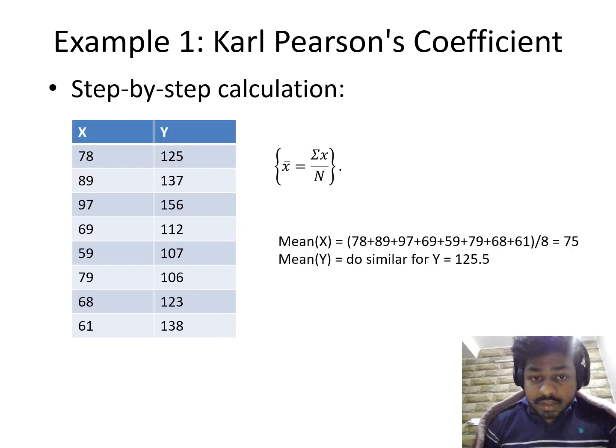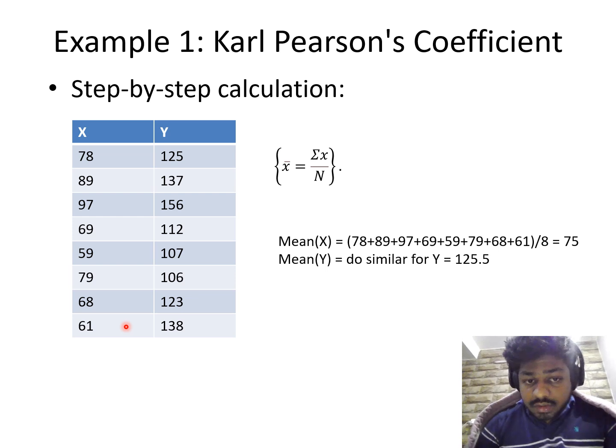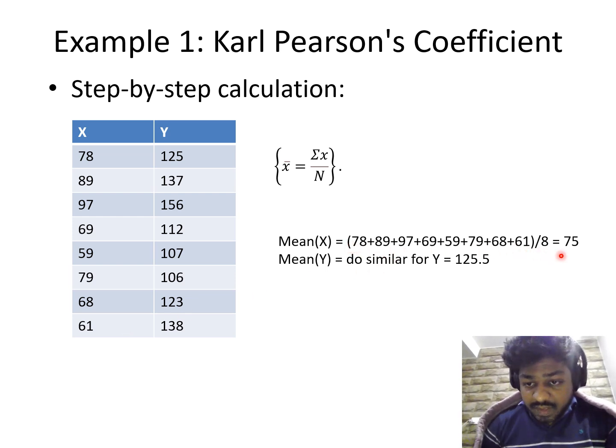Step 2 is we'll calculate the mean of x and y. Mean of x can be calculated as summation of x by total number n, the total number of frequency. There are total 8 data points, so n will be 8. When we calculate the mean of x, it comes out to be 75. When you calculate the mean of y, it will come to 125.5.